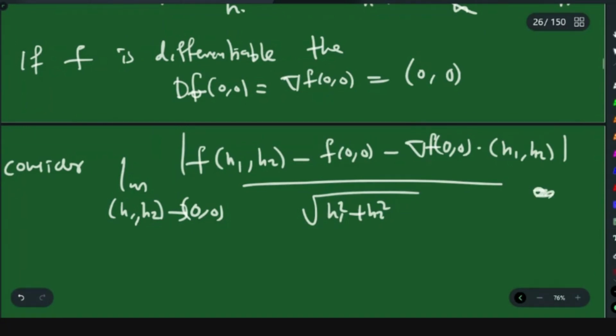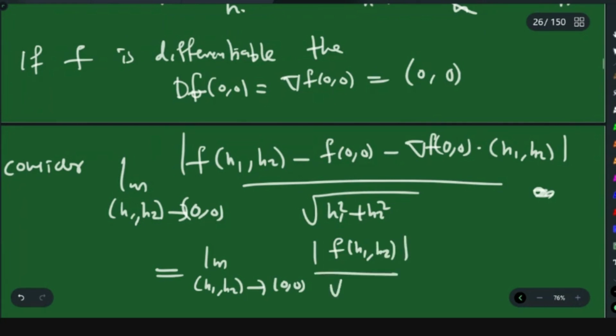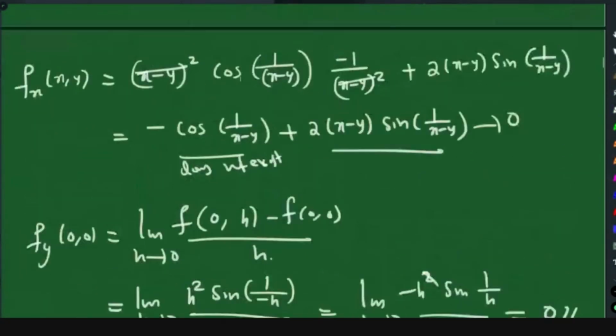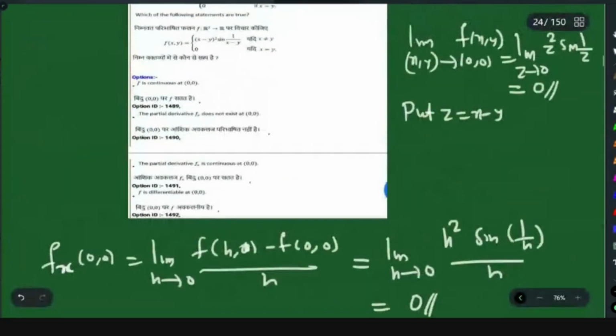So you can just compute this value. f of (0, 0) is 0, and the del f component is 0. The only thing you need to check is whether limit (h1, h2) going to (0, 0) of modulus f of (h1, h2) divided by root h1 square plus h2 square is 0 or not. You substitute f of (h1, h2). Here you have h1 minus h2 square divided by sine of 1 by h1 minus h2.